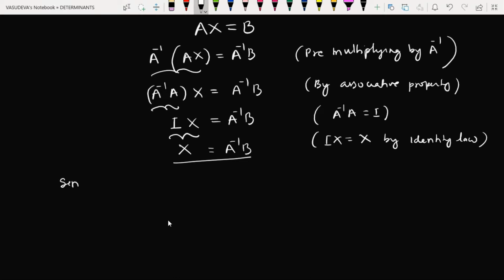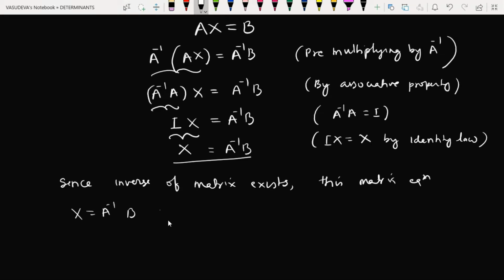Therefore, since the inverse of the matrix exists, this matrix equation X is equal to A inverse B provides a unique solution for the given system of equations.